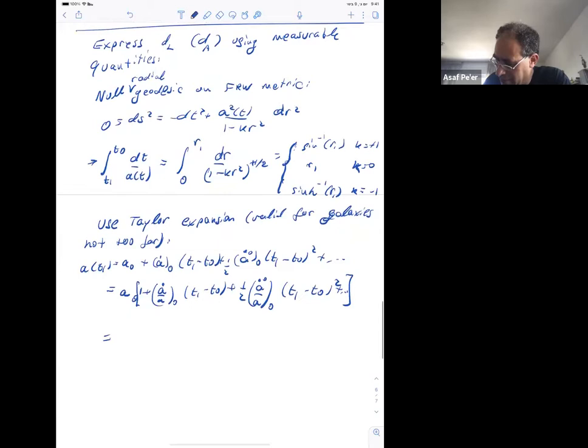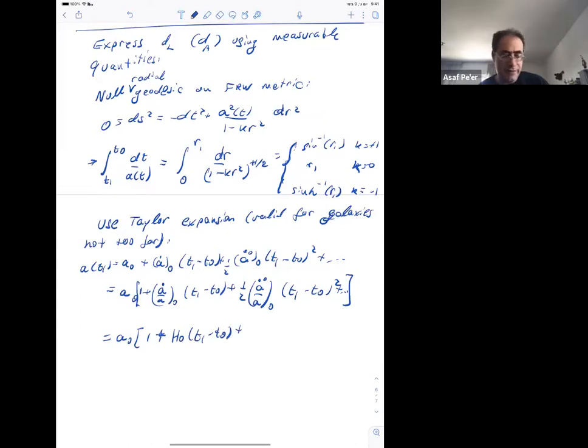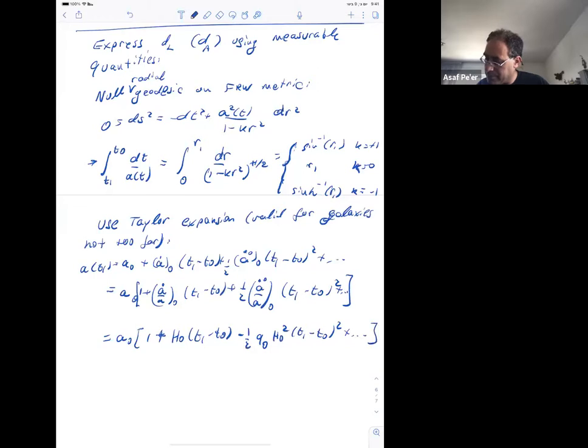Now, of course, this should ring a bell, because this is A0 times 1 plus A dot over A today is what? What is A dot over A? Minus 1/2 Q0 H0 squared (T1 minus T0) squared plus extra terms.